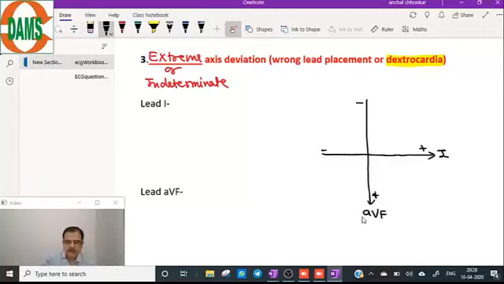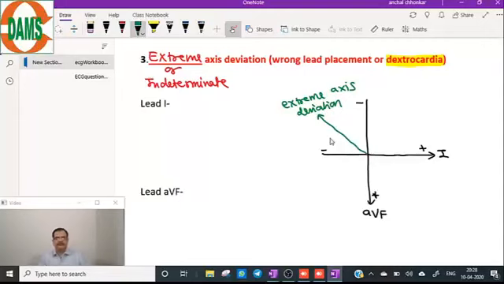These are the two perpendicular leads, and towards the right shoulder it will be this extreme axis deviation. Extreme axis deviation will be present. For the extreme axis deviation, look at the diagram.